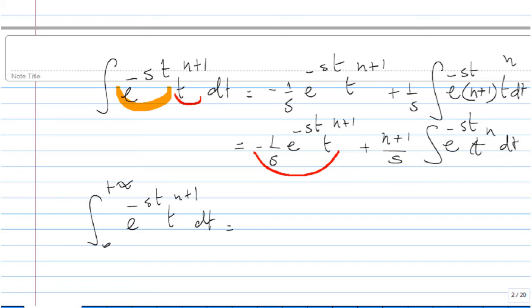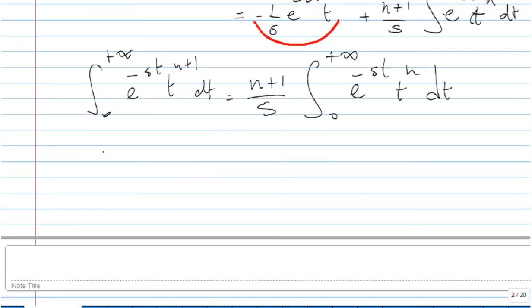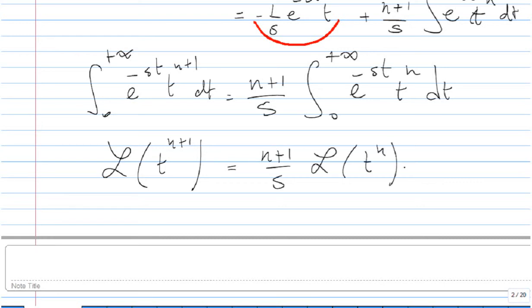So we are left with (n+1) over s, the integral from 0 to infinity of e^(-st) t^n dt. In other words, the Laplace of t^(n+1) at s is equal to (n+1) over s times the Laplace of t^n at s. It is the same variable s, okay?